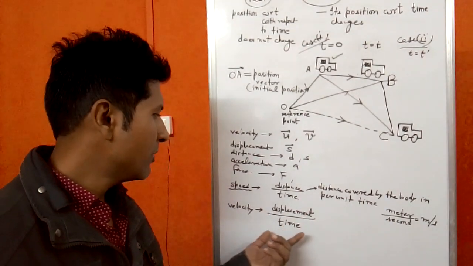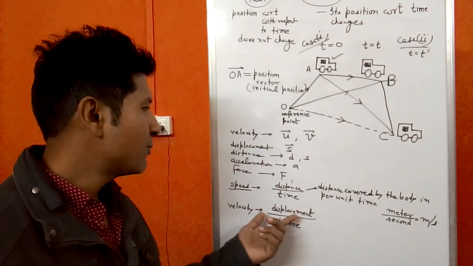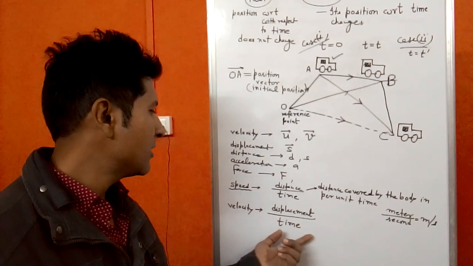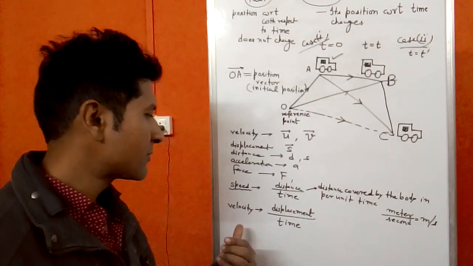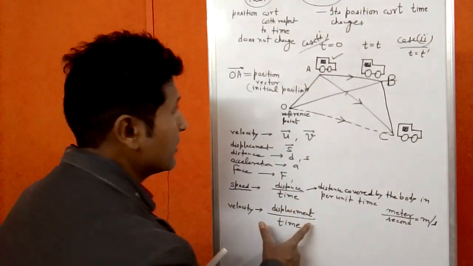Now, what will be the definition? The definition will be: displacement covered by the body in per unit time is known as velocity, right? Yes or no? Now, what is displacement?